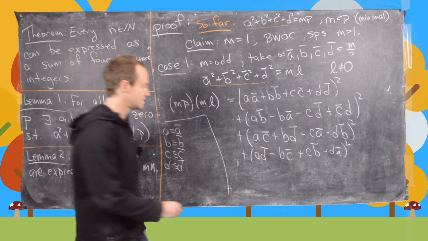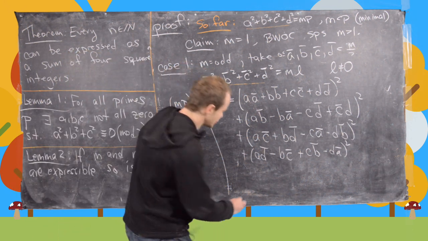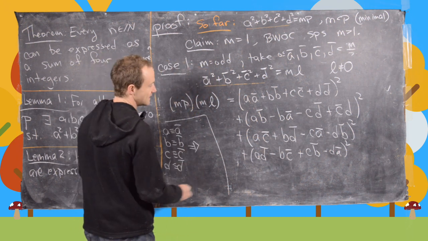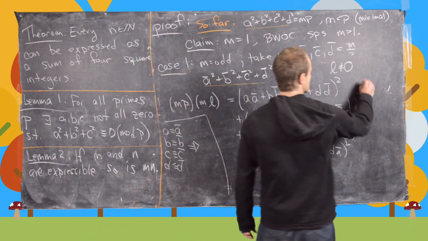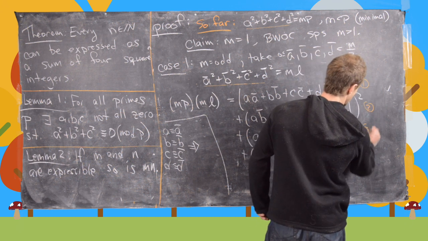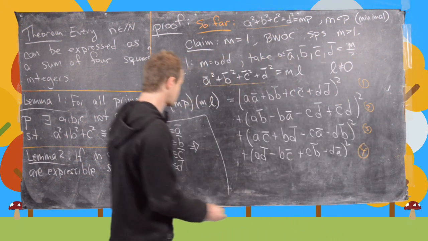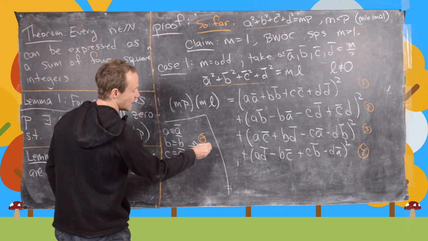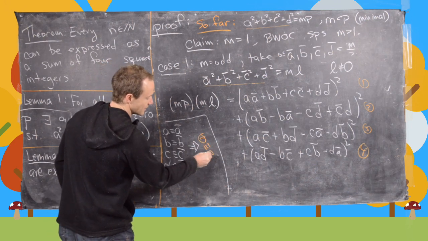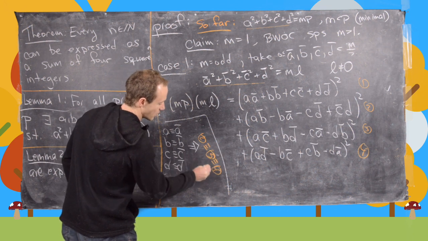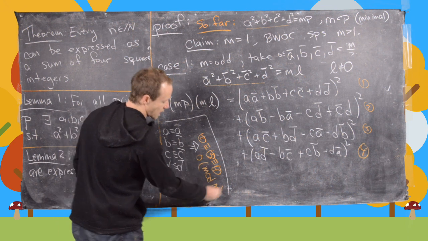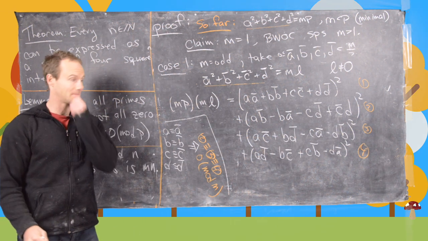So all of this implies that, well, let's label these 1, 2, 3, 4. All of those imply that 2 is congruent to 3 is congruent to 4 mod m, and they're actually all congruent to 0 mod m.